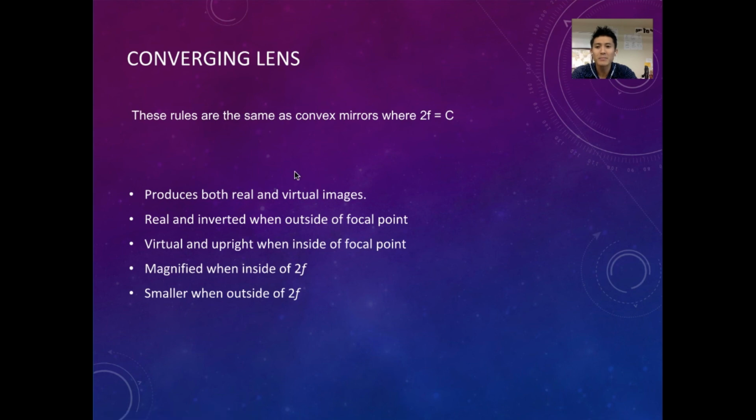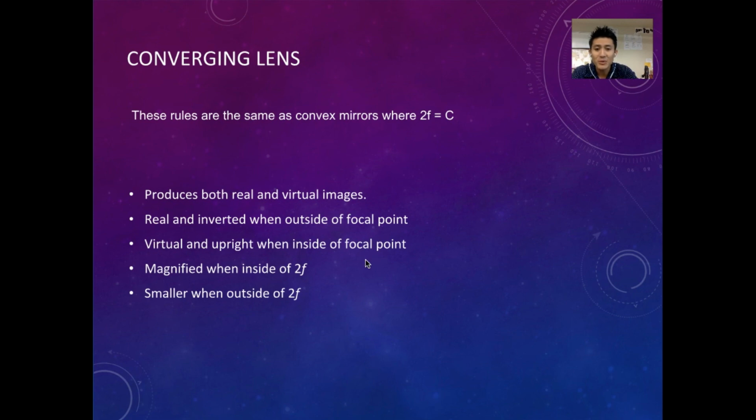To sum up, here are the same rules as convex mirrors. We have 2f equals the center of curvature. Converging lenses can produce real and virtual images. When the object is outside of the focal point, the image will be real and inverted, upside down.